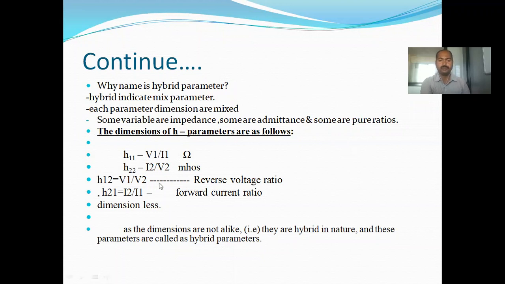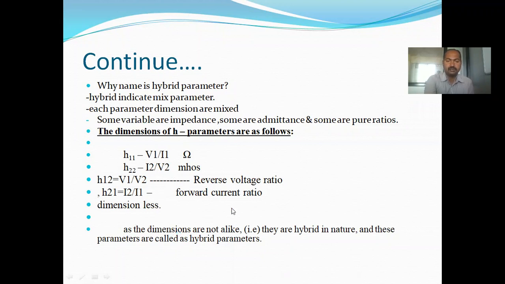Now H12 is nothing but V1 upon V2. This is the voltage ratio, but this is not a forward, this is a reverse voltage ratio. That's why we have written it as reverse voltage ratio. H21 is nothing but I2 divided by I1. It is the forward thing, meaning output divided by input. That is why it is a forward current ratio. So all of that is related to the transistor, meaning input as well as output, right?